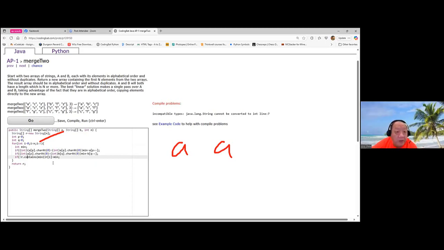Your program is very complicated. Number one, this integer is not needed. The characters can be compared by themselves. Oh, so there is no need to do int, okay?